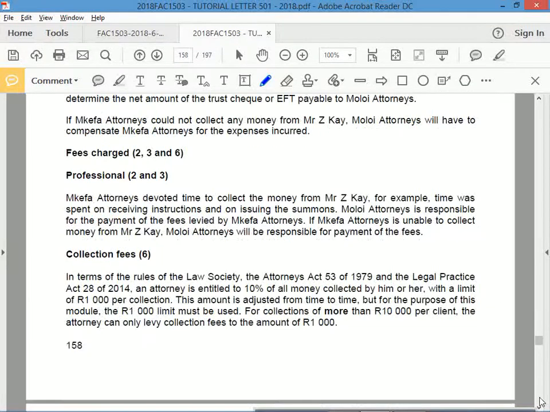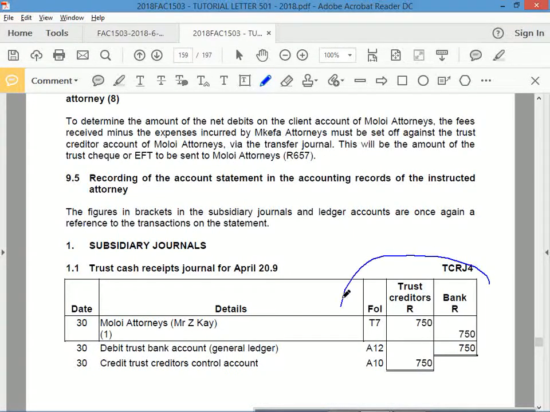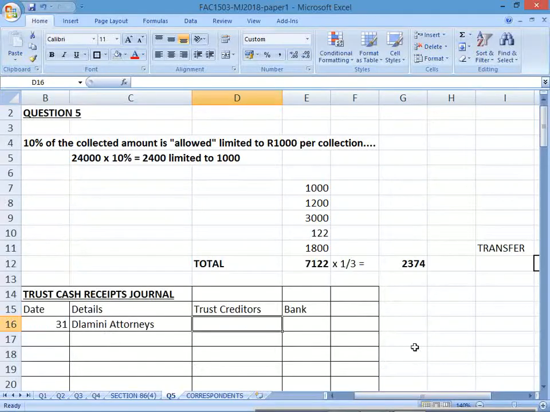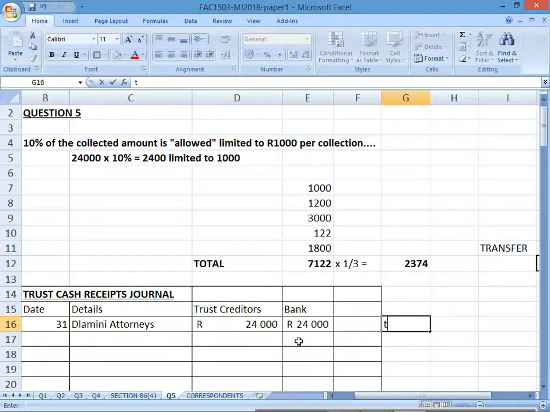If you look at their workings here, you can see the first step: record the fees. That's simple, that's easy. So you can show 24,000 there. That's the first step, the receipt of fees.